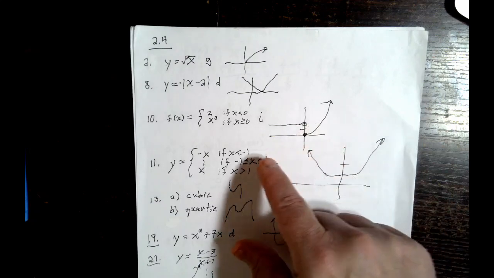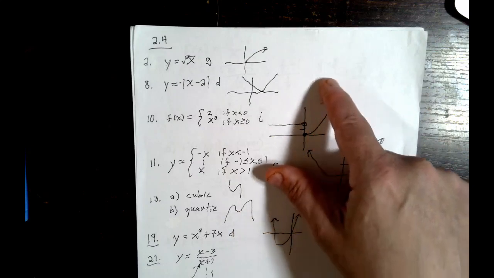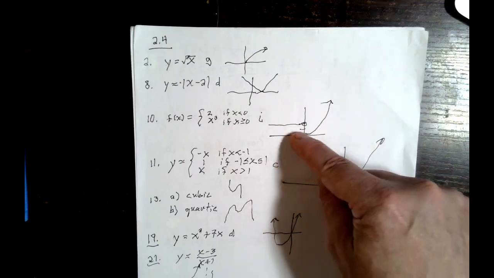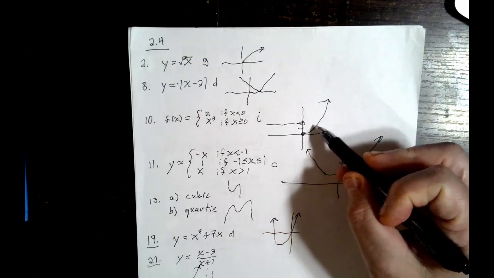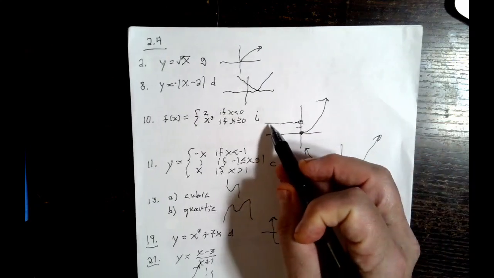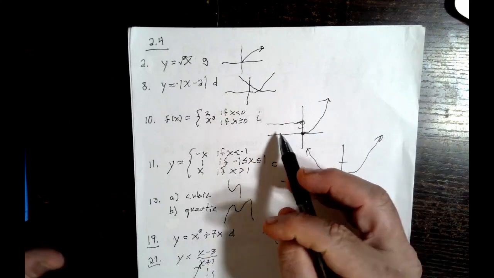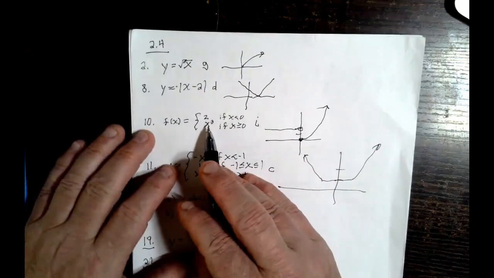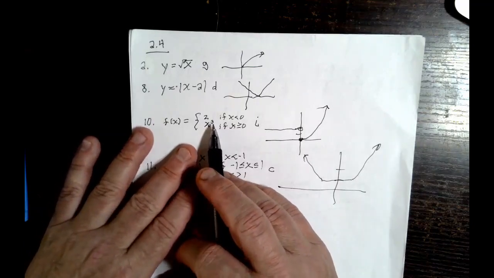And then it also has x cubed for 0 or larger. So x cubed normally comes up this way and over, and y equals 2 normally goes the entire way across. So whenever you have to look at a piecewise function, I say draw and erase, draw and erase.